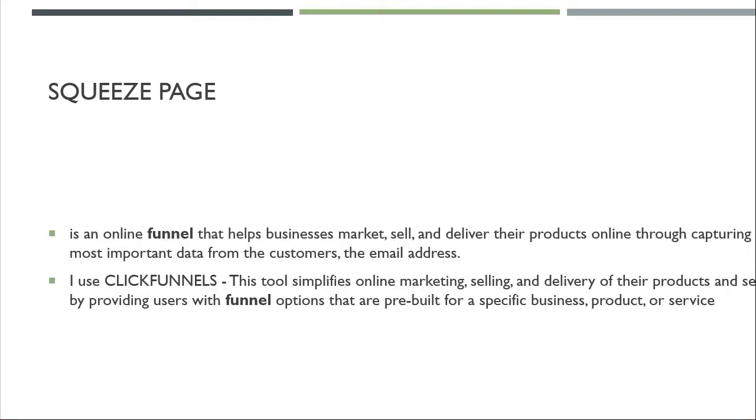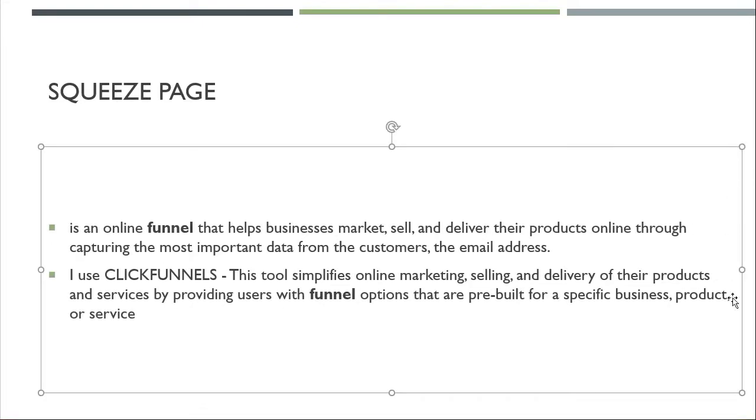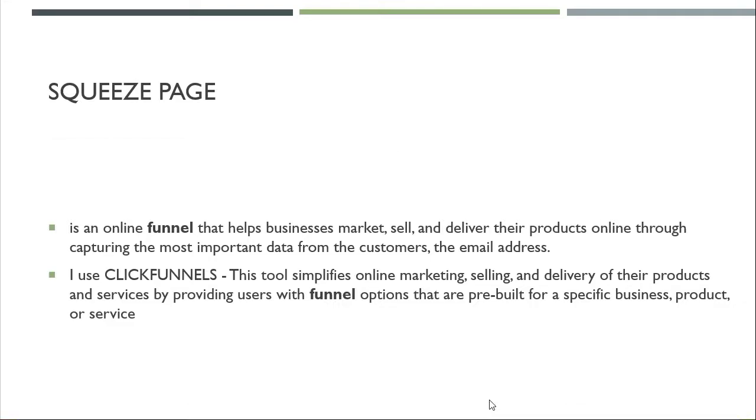Build a list, and make sure to automate your email correspondence using an autoresponder. So your squeeze page and your autoresponder need to be integrated properly. You can create a bunch of email sequences, so your autoresponder would send emails to your subscribers daily or weekly, or twice a week, or whatever you want it to be.